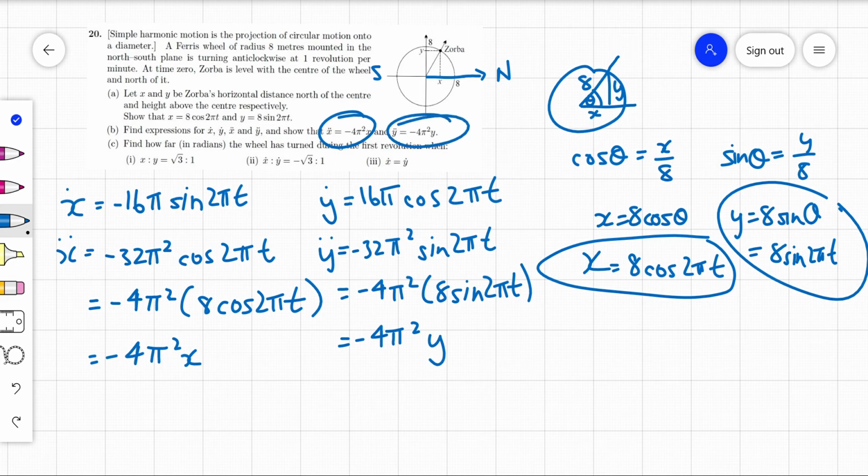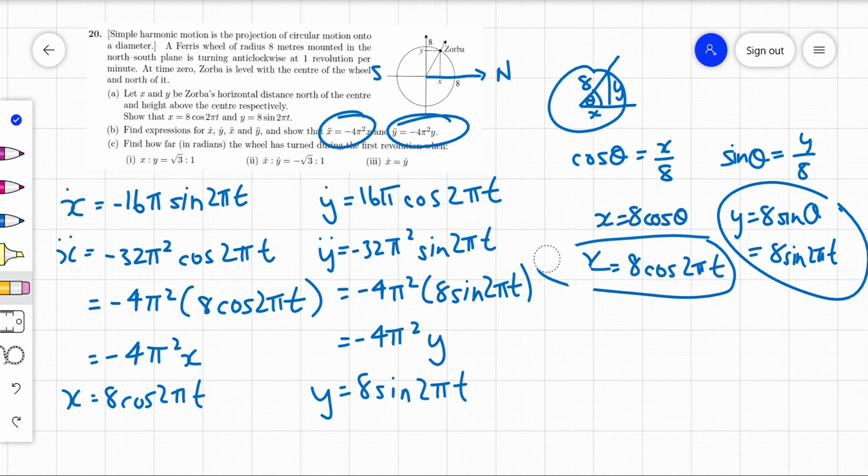All right, so let's look at part C then. For C, we're looking at some ratios, and we're going to use the equations that we've got for x, y, x dot, y dot, etc. So let me just write x under here. I should have written it before. And y here.